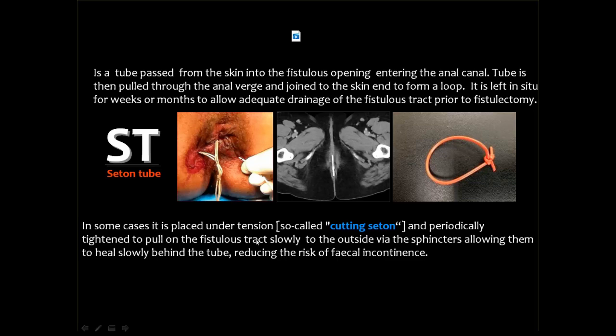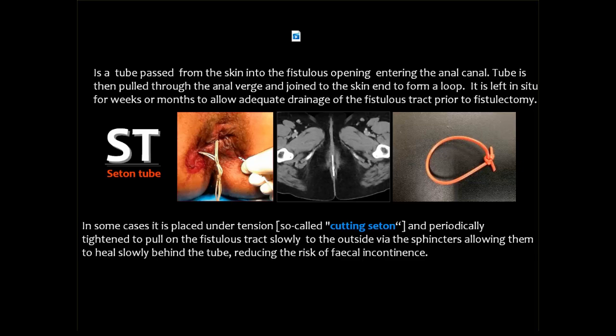And this cutting Seton is just the same tube which is placed in the fistulous tract, and you get the two ends of the tube and you tighten them. And after some time you may induce more tightness of the Seton tube, and this will, as written here, be periodically tightened to pull the fistulous tract slowly to the outside. You mean if you tighten the tube, you pull the tube towards the outside, and its original place will heal by granulation tissue.